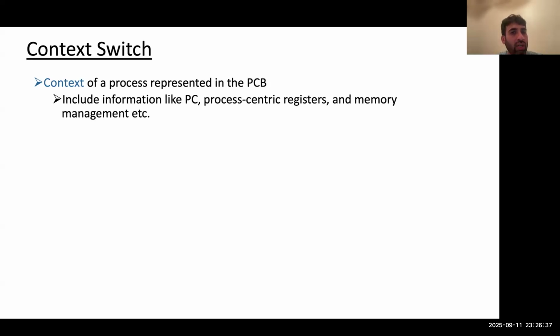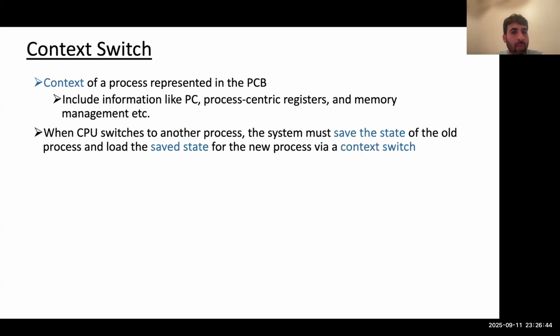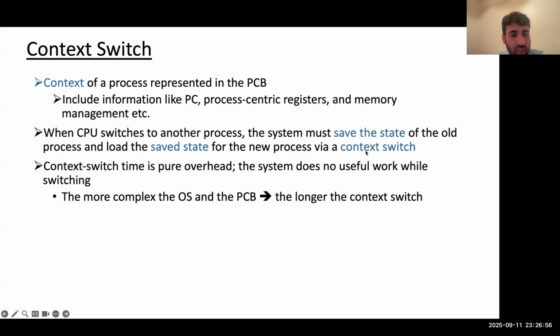And it includes information like, as I said, the program counter, process-centric registers, memory management information, and so on, right? So when a CPU switches to another process, the system must save the state of the old process and load the saved state for the new process via a context switch, just like I explained in the drawing.